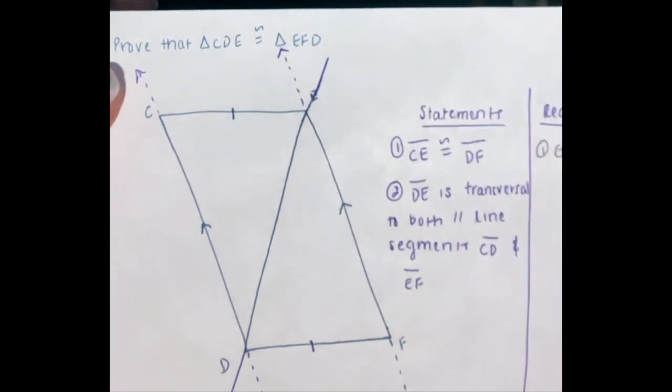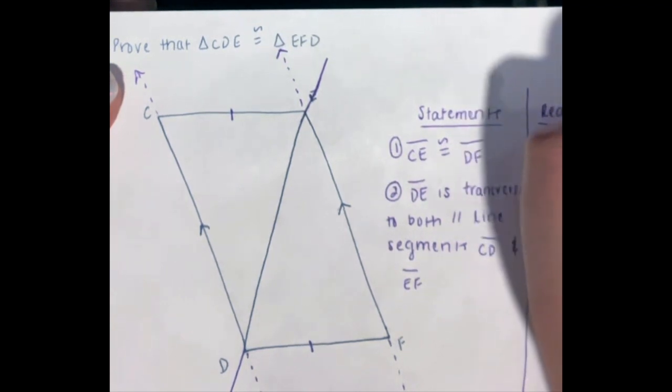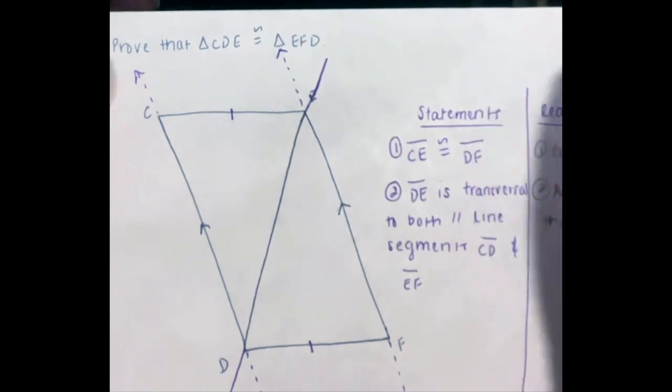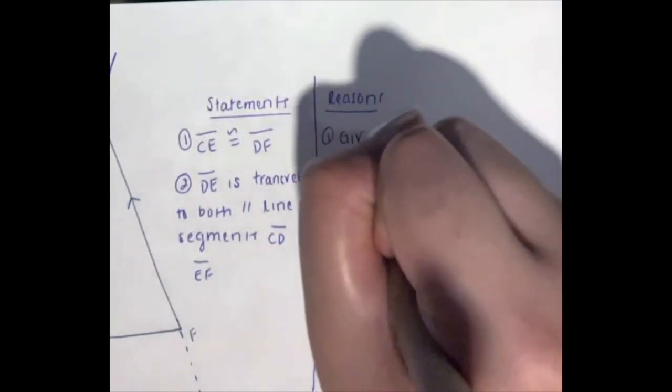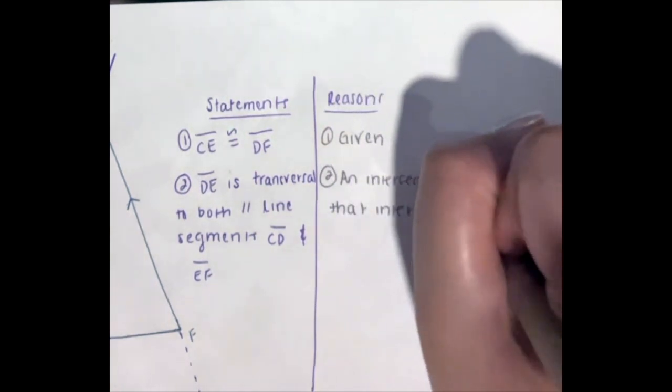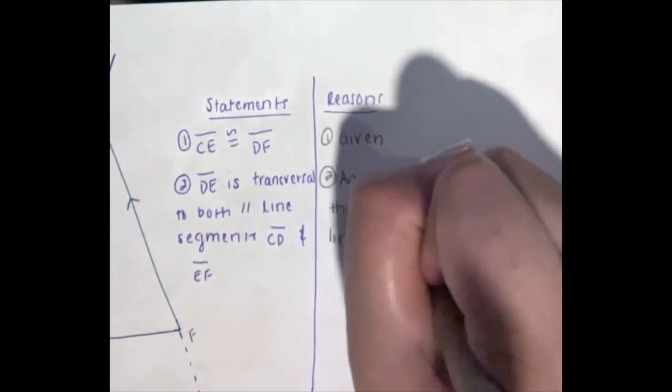And then when you write the reason, you're going to say an intersecting line that intersects two parallel lines is a transversal.